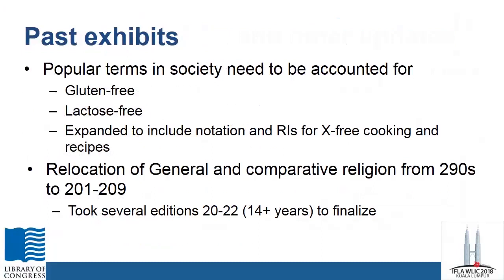Actually, one of the large ones, which was editions 20 to 22, my staff have been around that long that they were working on this, but it took 14 years to finalize the relocation of general and comparative religion from the 290s to 201 to 209, and that was editor and classifier working together to make these changes over a long period of time.